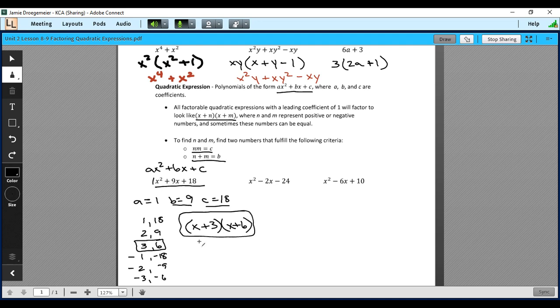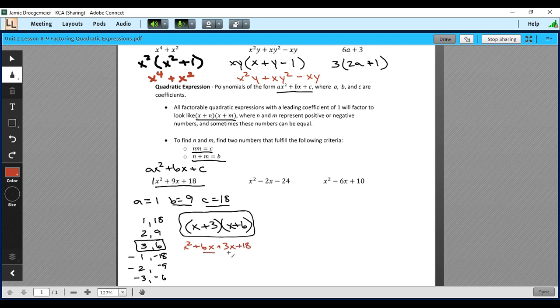And so that's the factored form. We can check our work here, just like we did above, by multiplying these two binomials together. X times x is x squared. X times 6 is a positive 6x. 3 times x is a positive 3x. 3 times 6 is 18.